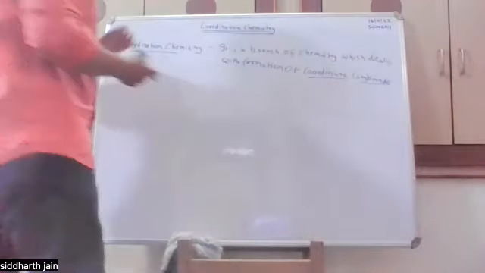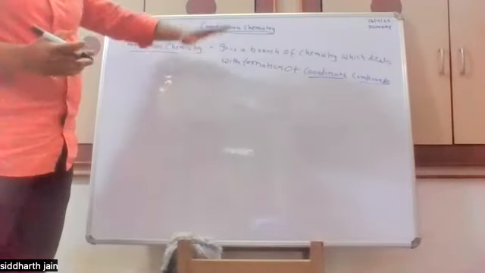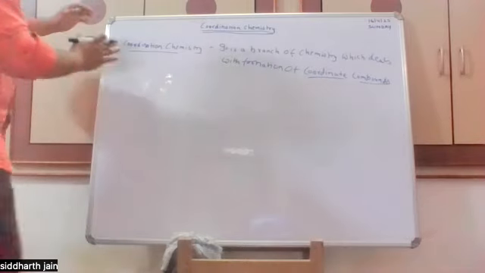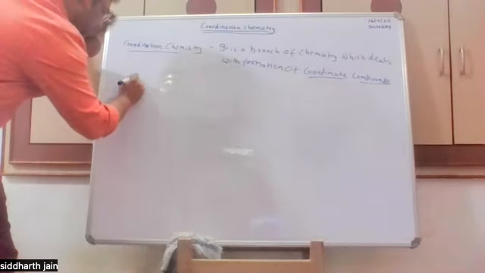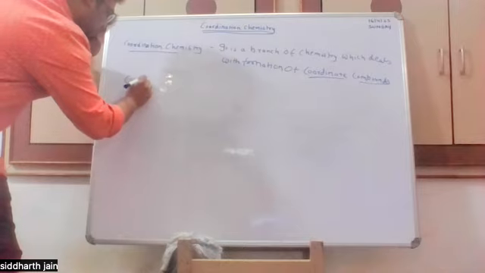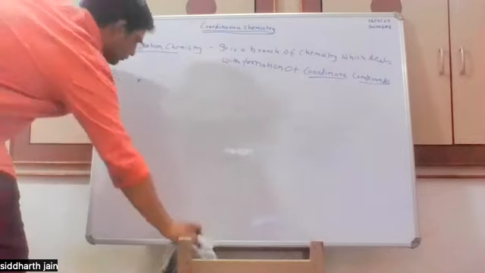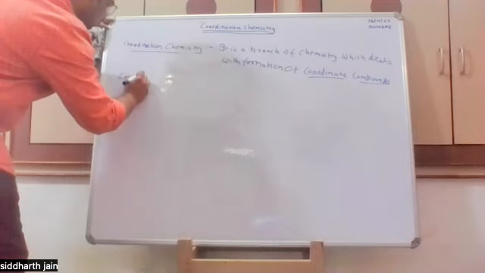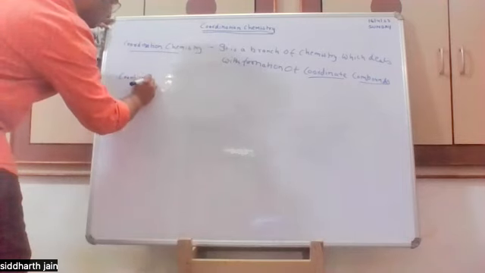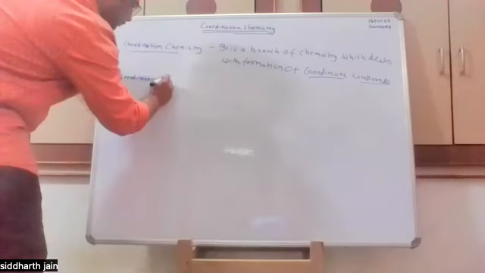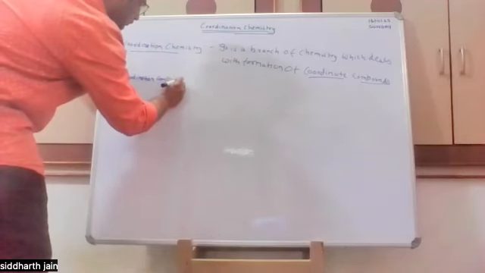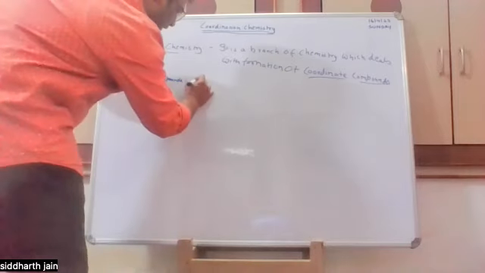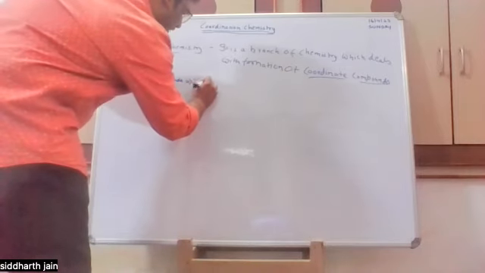So the important point in this is the coordinate compounds. So what are the coordinate or coordination compounds? So coordination compounds are the compounds which have coordinate bond.